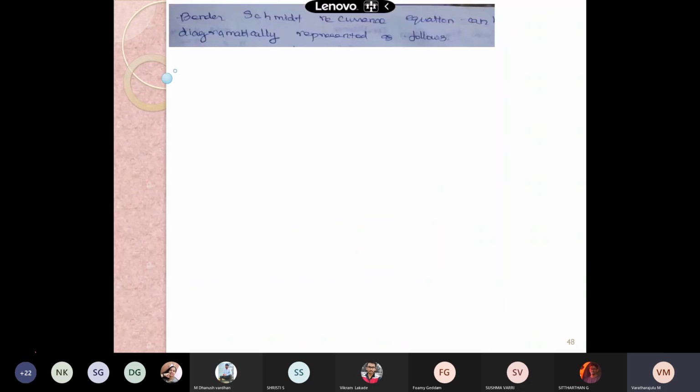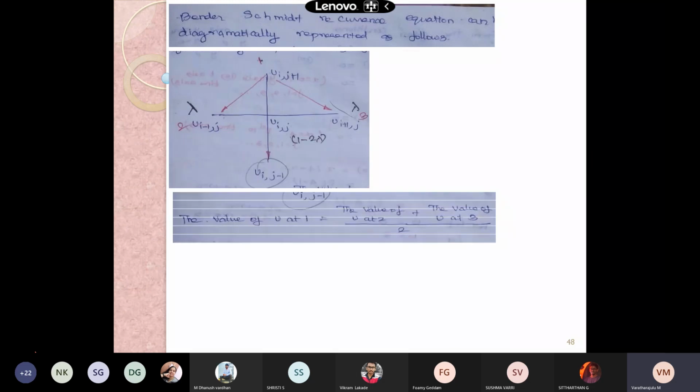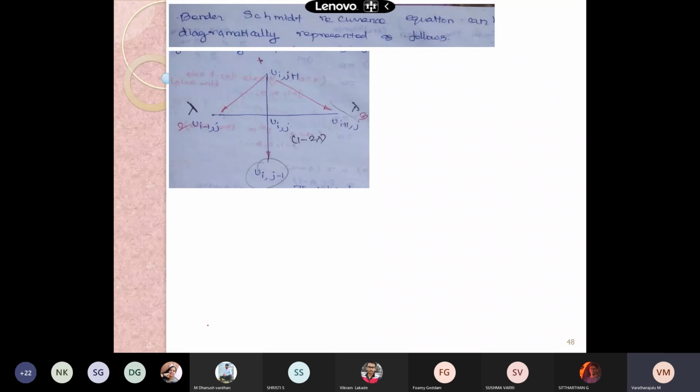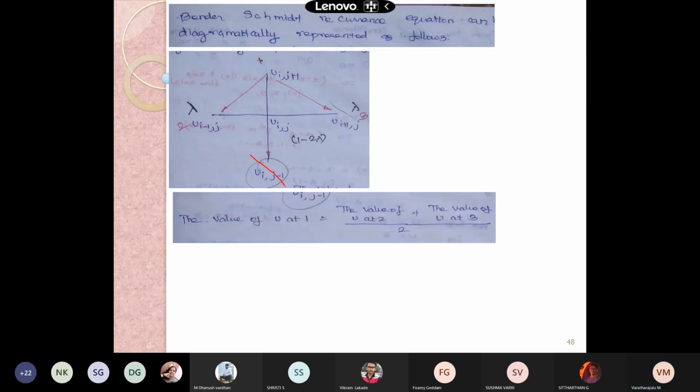The Bender-Schmidt recurrence equation can be diagrammatically represented as, see, this is the diagrammatical representation. Here we have u i,j, i plus 1,j on the right, i minus 1,j on the left. On the top we have i,j plus 1. On the bottom, here the bottom is not essential. This is the equation for Schmidt.